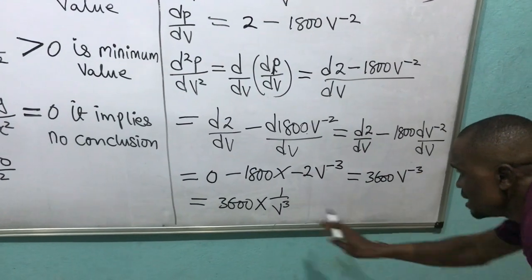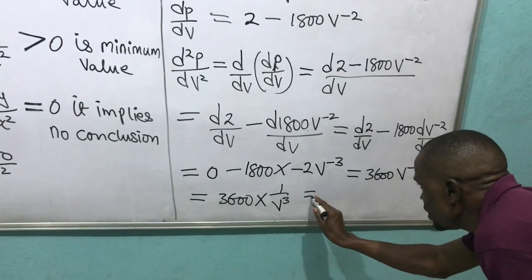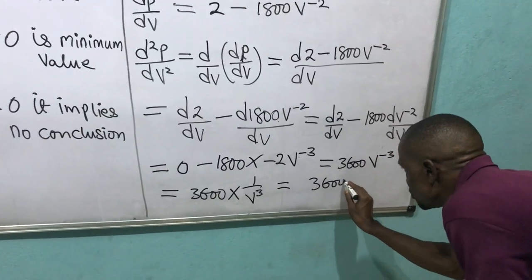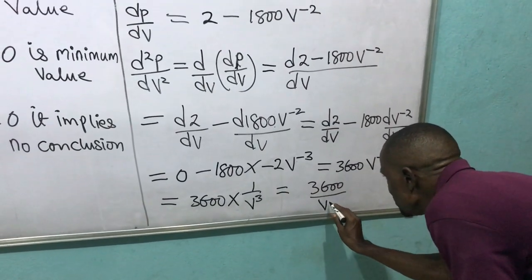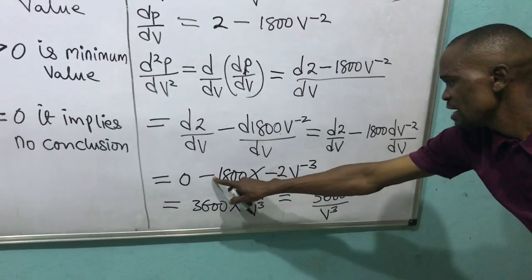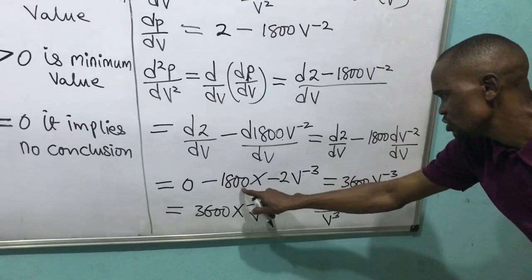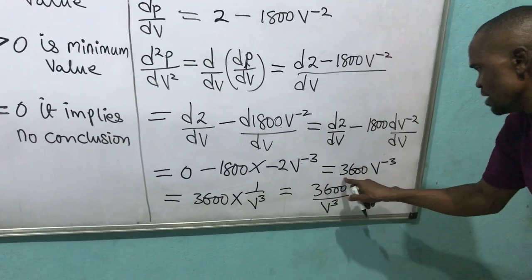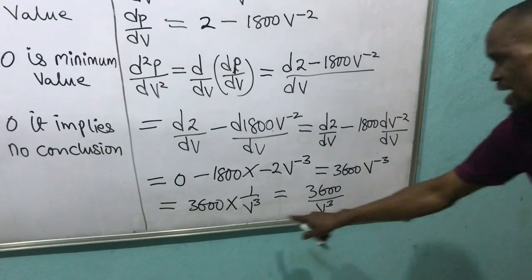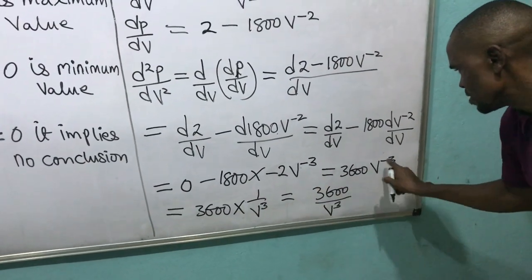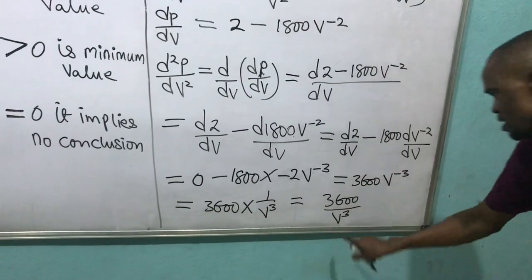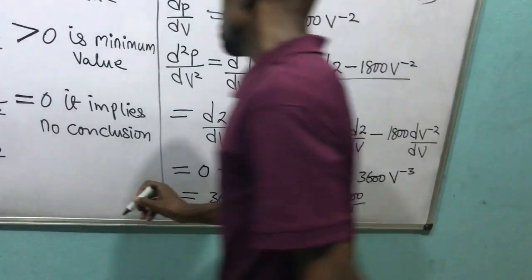This will be equal to 3600 over v raised to power 3. You see, minus 1800 times minus 2 gives me 3600 v raised to power minus 3, and v raised to power minus 3 can be written as 1 over v raised to power 3. Then this times the numerator will give me this. So what does it imply?